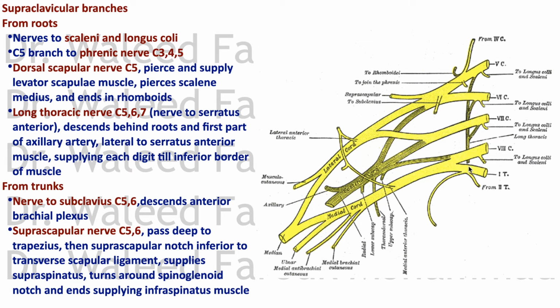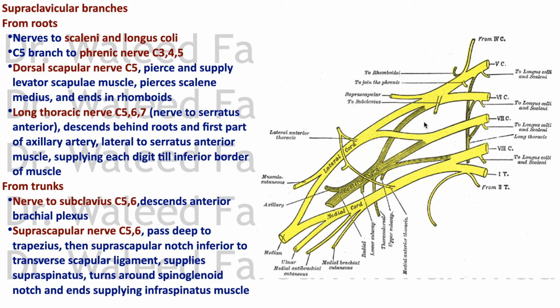It supplies the serratus anterior muscle, supplying each digitation until the inferior border of the muscle. Now from the trunks, we have the nerve to subclavius, C5 and 6, which descends anterior to the brachial plexus. So the nerve to subclavius is anterior to the brachial plexus. The long thoracic nerve is posterior to the roots of the brachial plexus.